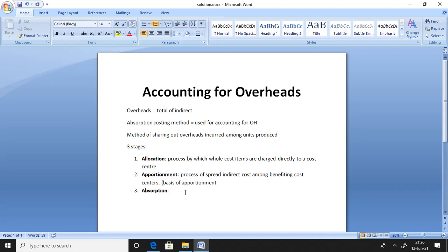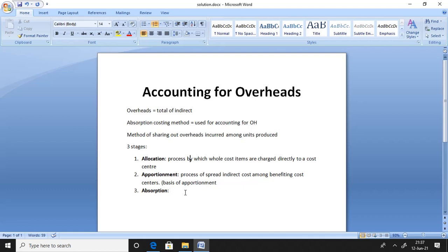If you're talking about canteen personnel, you might use number of employees. So we are going to see all that in the question. If you're talking about insurance or depreciation of machines, you can use machine book value as the basis of apportionment.